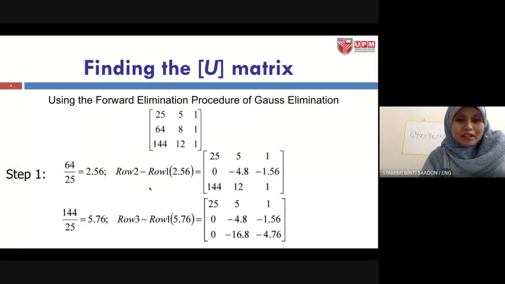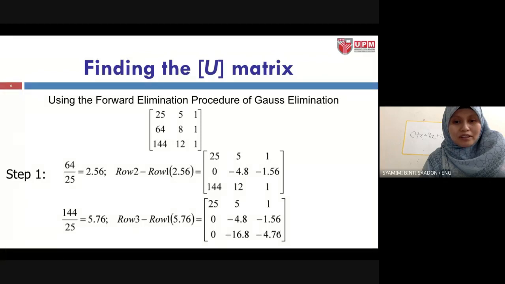Then for row 3, in order to get from 144 to 0, you do the same with the first row. You divide and get 5.76, then row 3 minus row 1.